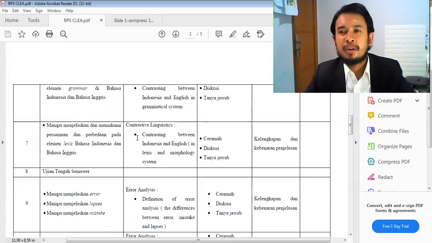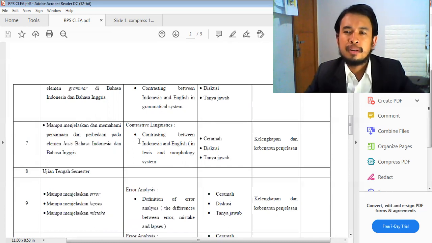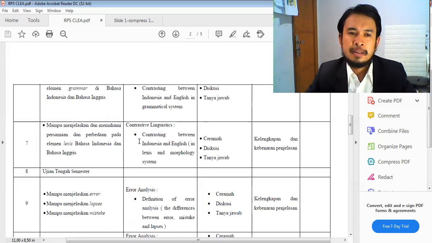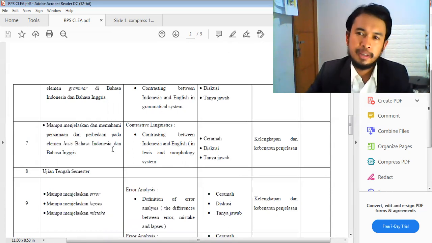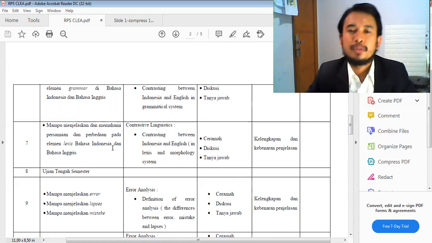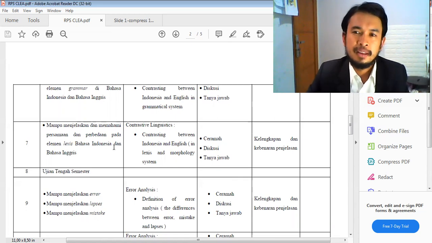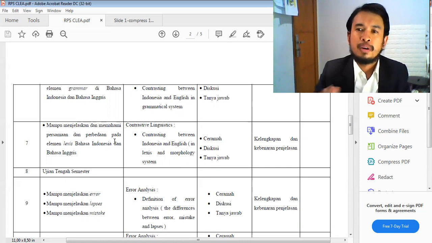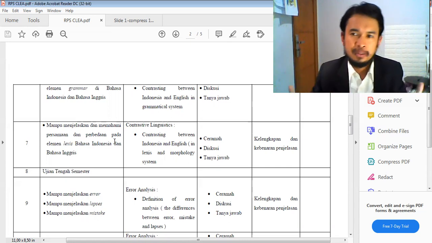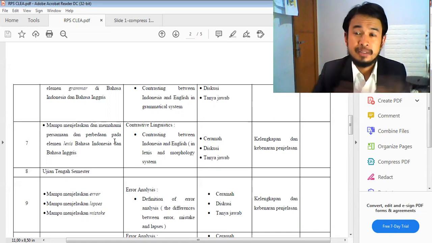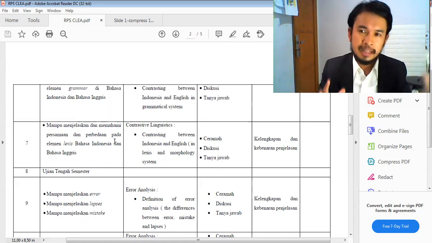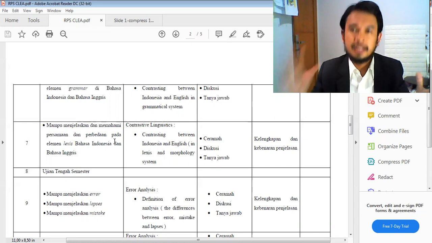This is what we are going to talk about before the mid-test. It means that from the first week until the seventh week, we are going to talk about contrastive linguistics. We can contrast one language with other languages, but in this case, we just talk about the Indonesian language and the English language.